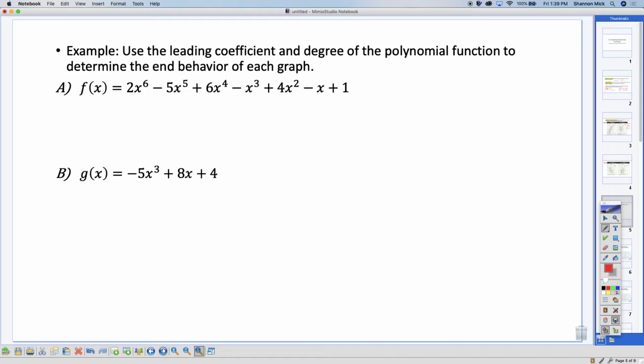Leading coefficient, degree, number of terms, odd or even, positive or negative, and end behavior.